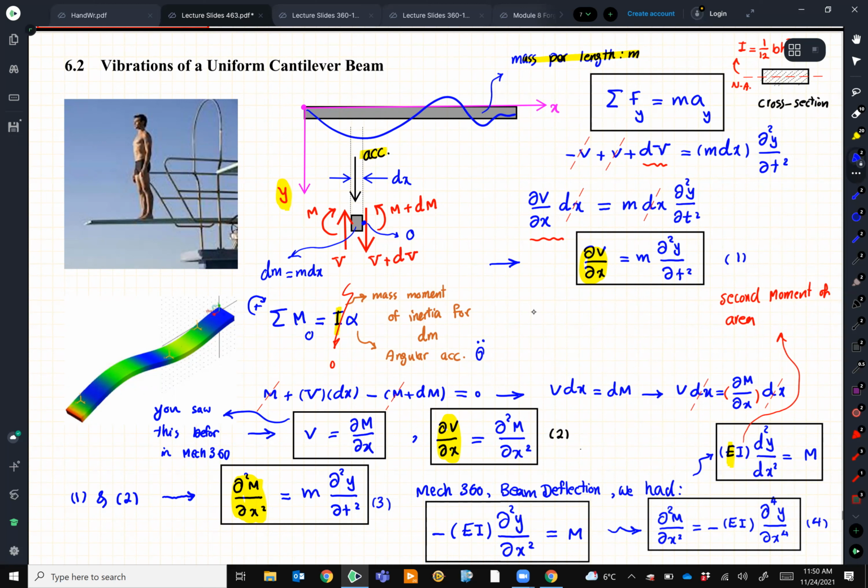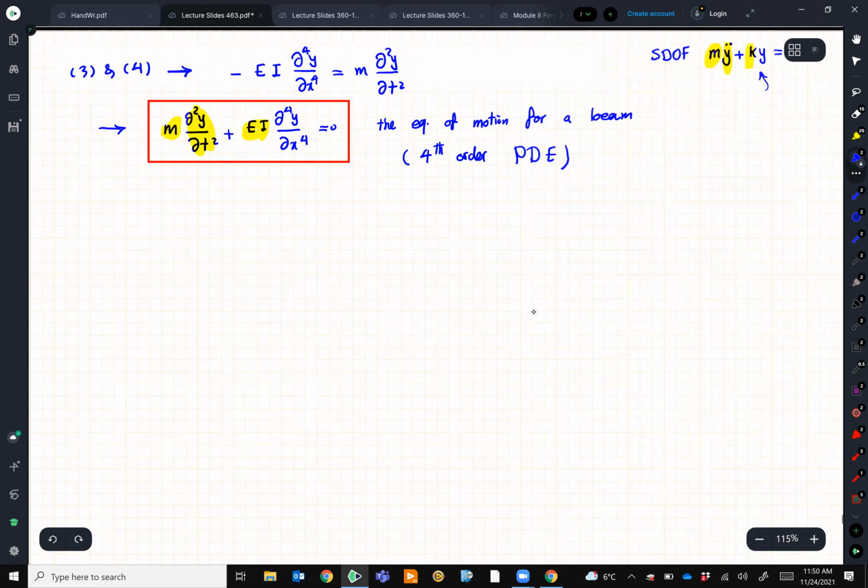Here also you need to learn how to draw the free body diagram, get to the equation, and then of course learn how to solve it, which we'll do on Friday. But give it some thought and try to see how you can solve this PDE. Thank you very much.